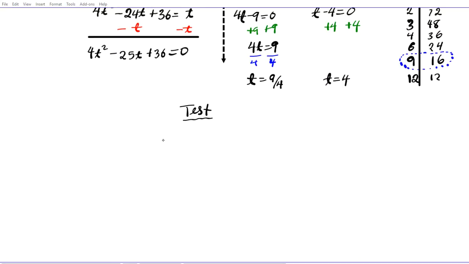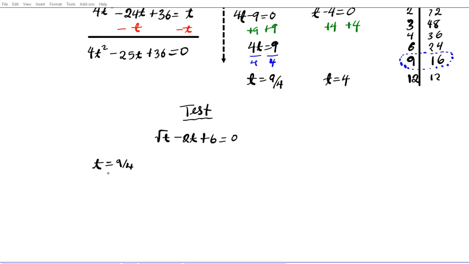So we're going to test them in the equation radical t minus 2t plus 6 equals 0. Okay, so the first one that we are going to test is 9 over 4. So when t is equal to 9 over 4, does it satisfy this equation?